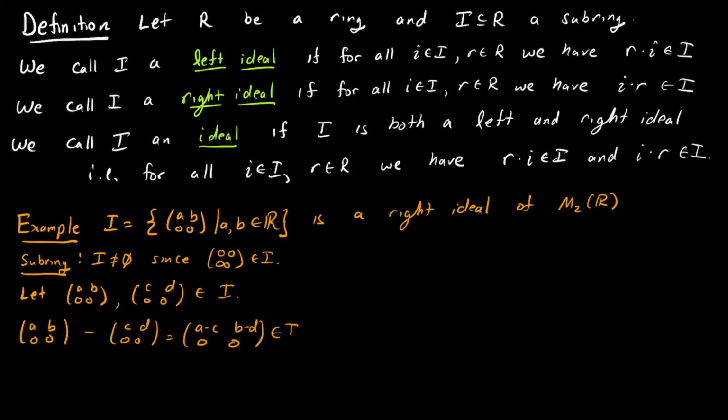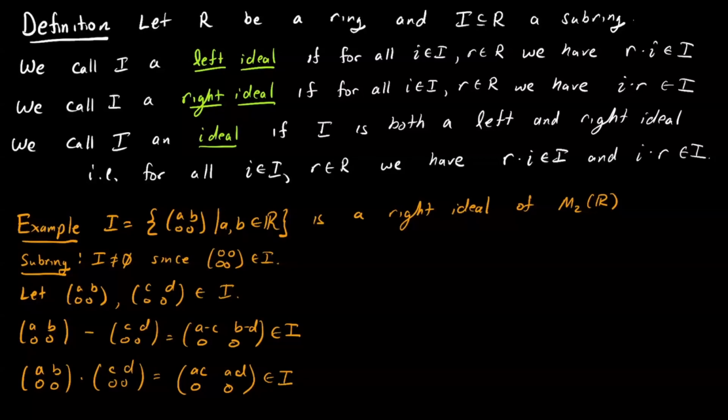And I know that this is an element of I. So it's closed under subtraction. And then finally, I could show that it's closed under multiplication. I'll take [a, b; 0, 0] times [c, d; 0, 0], and let's see what we end up with. We're going to get [ac, ad; 0, 0], and I see that this is an element of I. Okay, so we have that this is a subring.